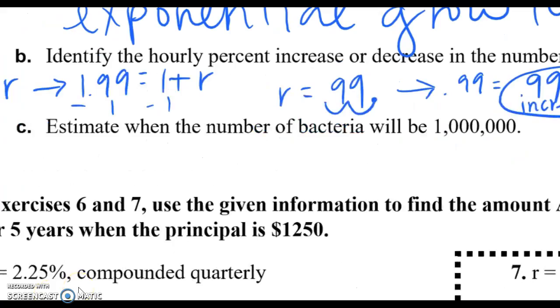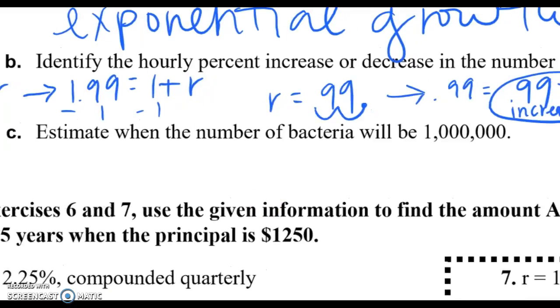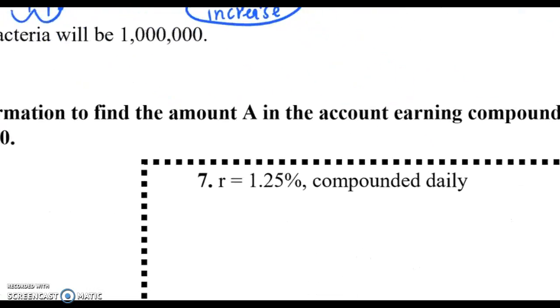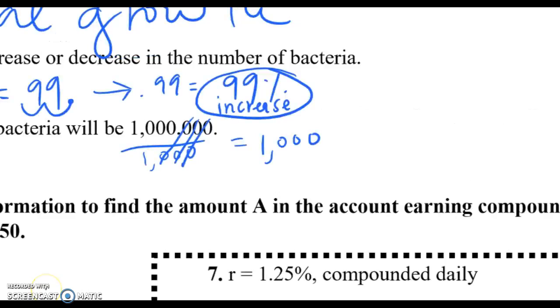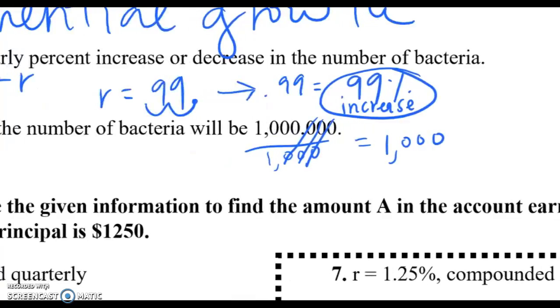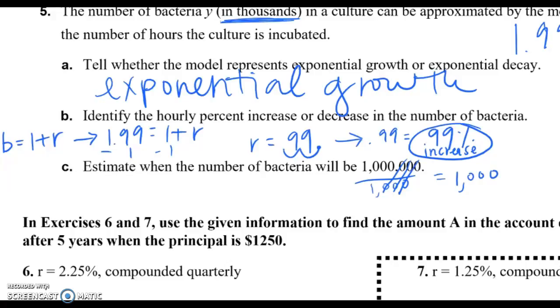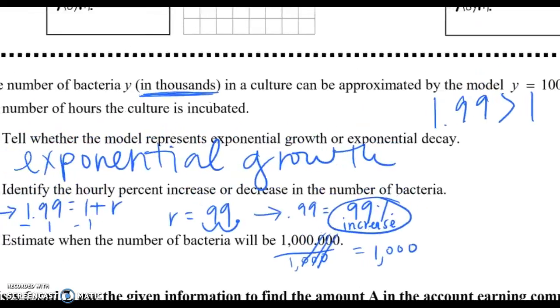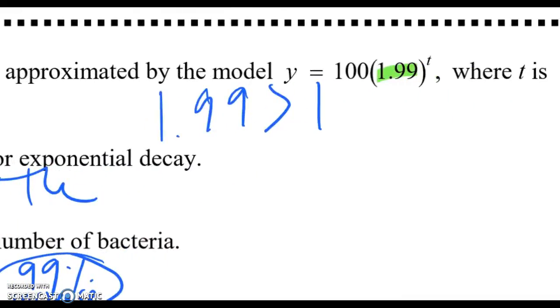Next part asks us to estimate when the number of bacteria will be approximately 1 million. First thing we need to do here is divide by 1,000 because in the question it tells us that it's in thousands. So divide this million by 1,000. We get 1 million divided by 1,000 is equal to 1,000. So we need to figure out what t is when y is 1,000. For this, you're going to need your calculator. You probably don't have a calculator at home, but if you want, you can try it when you get to class.